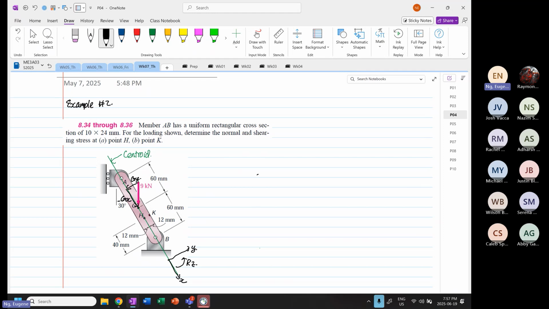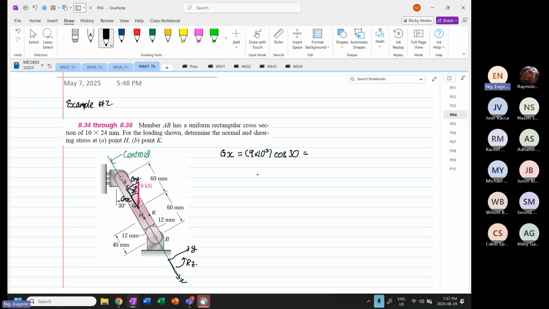And from here we know that this is 30 degrees, because it's given. So immediately you can write this down that gx will be equal to 9 times 10 to the power 3 multiplied by cos 30.